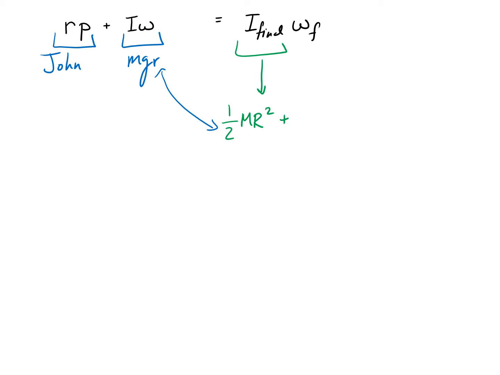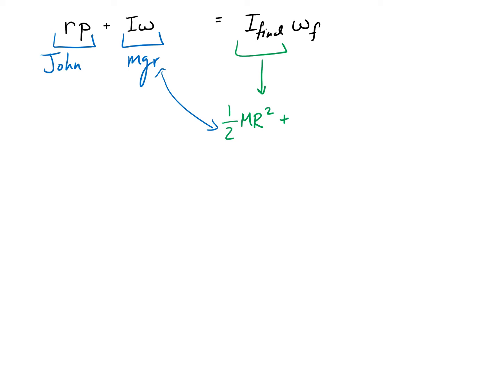Because John is human-shaped, and last I checked on table 12.2, humans do not have a nicely calculated moment of inertia. That turns out to be because as I change the shape of a body, I'm going to have a different distribution of my mass. So there's no nice shape to use for a human.